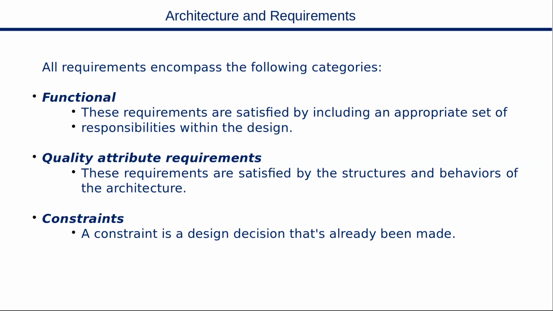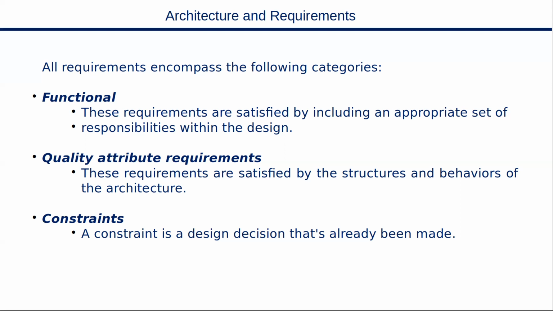First is functional. Second, quality requirements and constraints. I believe you already understand what functional means, but functional requirements are satisfied by including an appropriate set of responsibilities within the design.